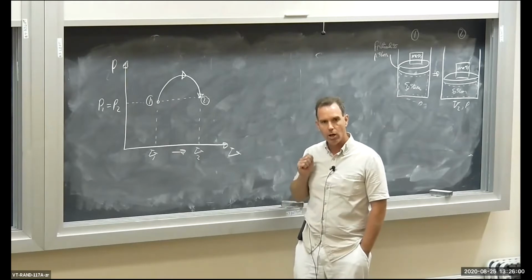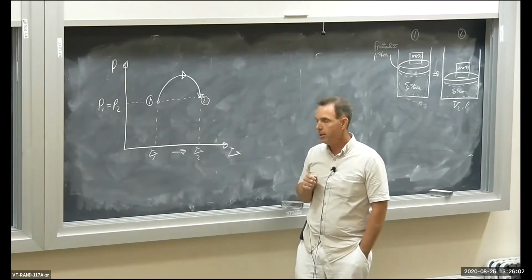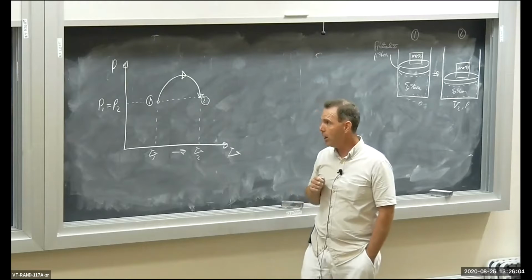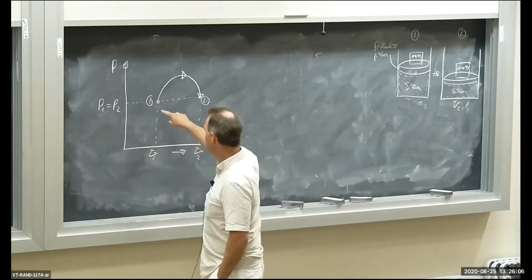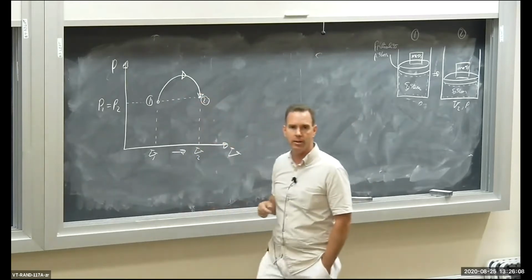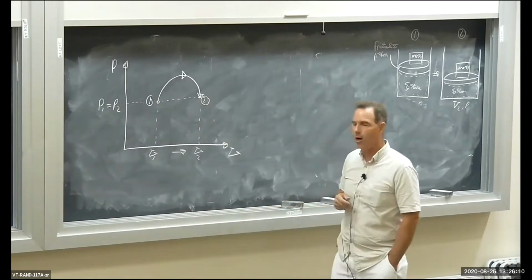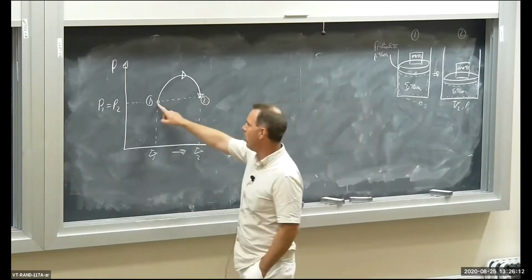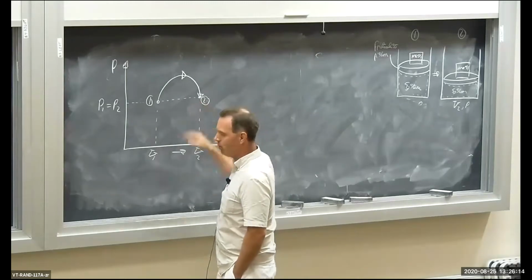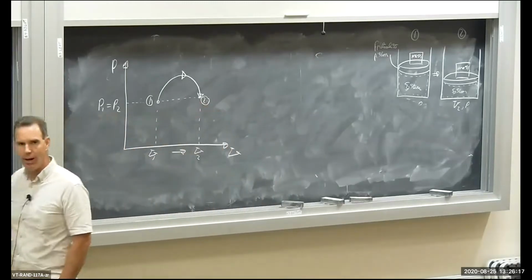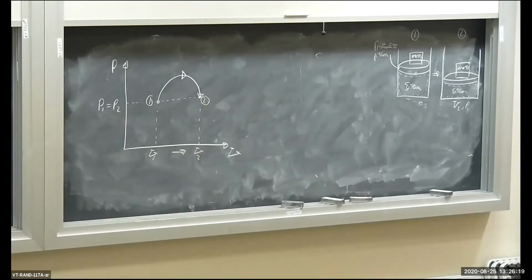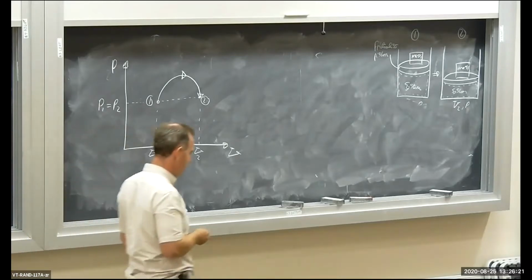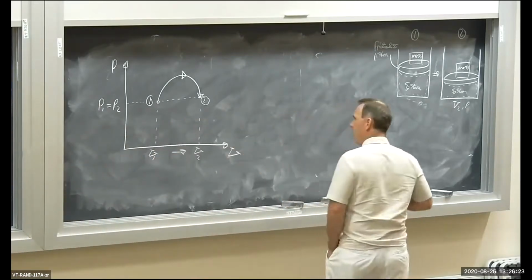Isobaric means constant pressure. The answer is no. This is not an isobaric process. Pressure is changing along the path. So it's not an isobaric process. Just because your starting and final value for pressure is the same does not imply automatically that it's an isobaric process.